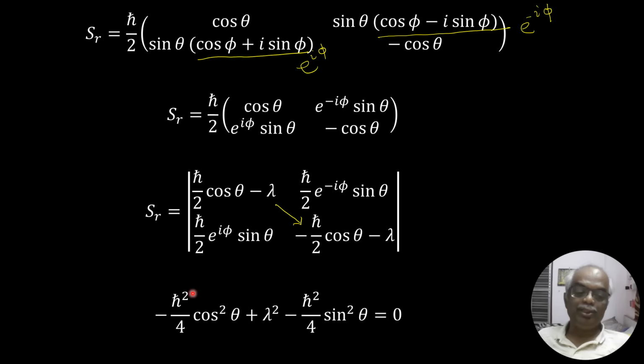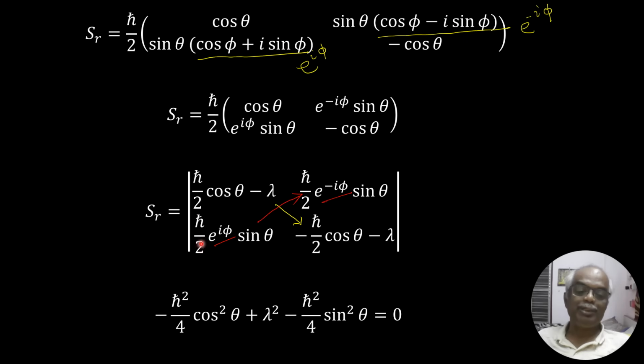What you will get is minus ħ²/4 cos²θ, and minus λ times minus λ is plus λ². Then you multiply the other terms, this term and this. If you multiply e^(-iφ) with e^(+iφ), you will get 1.